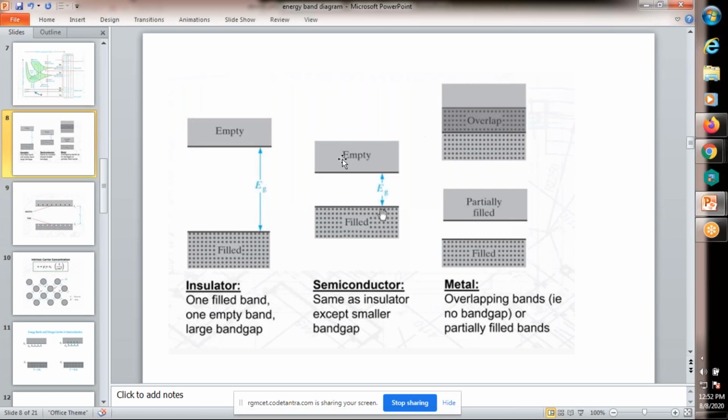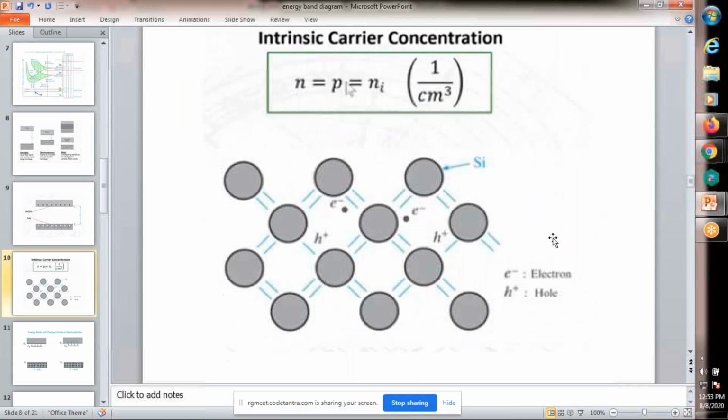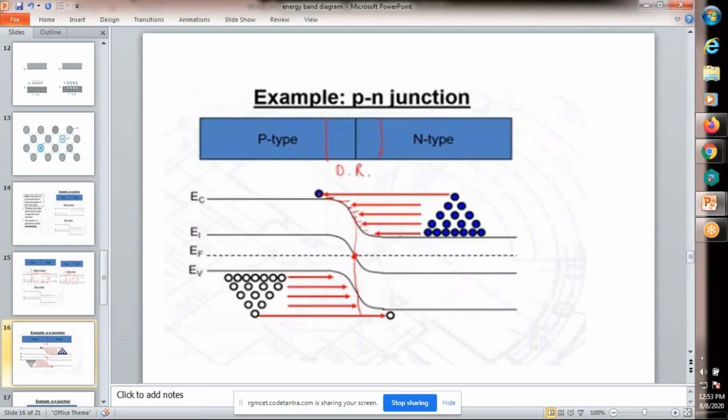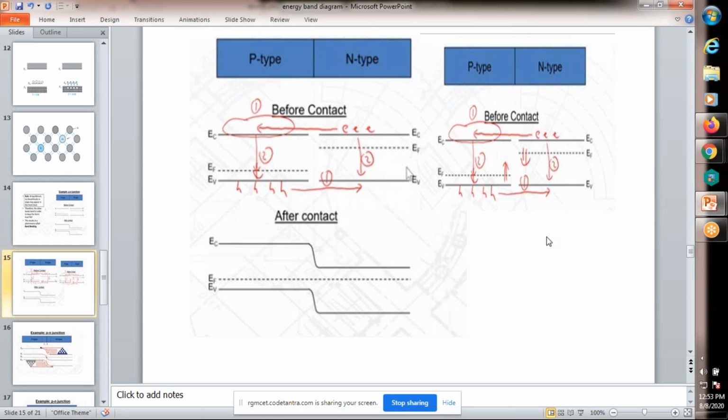Depending upon the material, the conduction band is empty: in an insulator and a semiconductor it is empty at 0 kelvin, whereas in metals both bands overlap and there is no band gap energy. So up to here we discussed p-type and n-type. We have not yet entered into the PN junction.